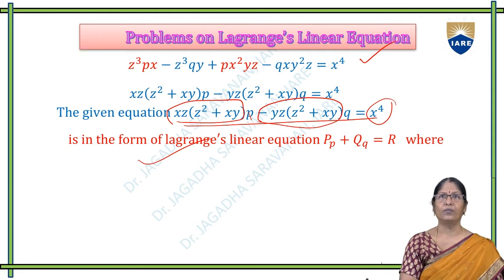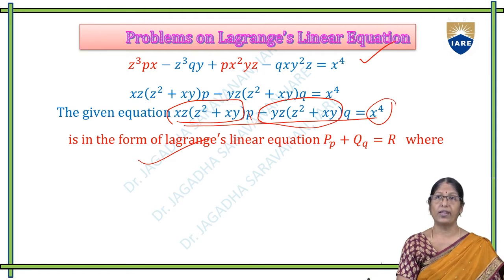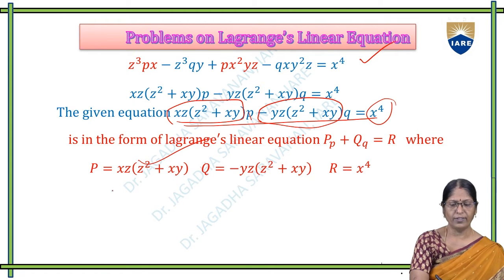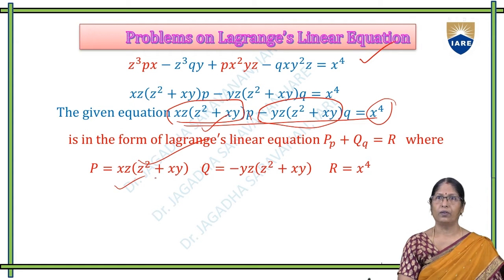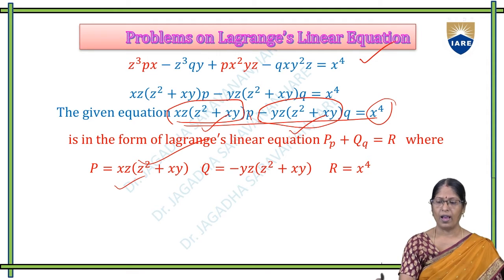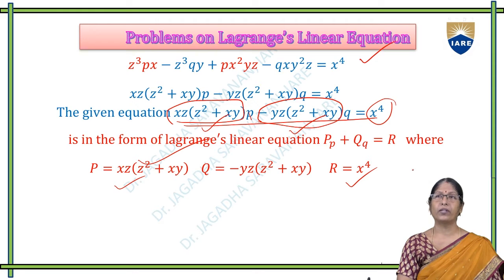So that is the reason it is in the form of Lagrange's linear equation Pp + Qq = R, where capital P, which we circled, is xz(z² + xy), capital Q is −yz(z² + xy), and capital R is x⁴.